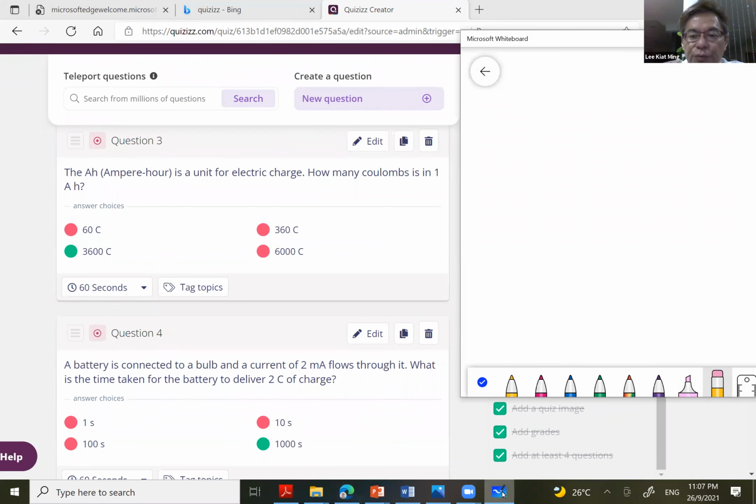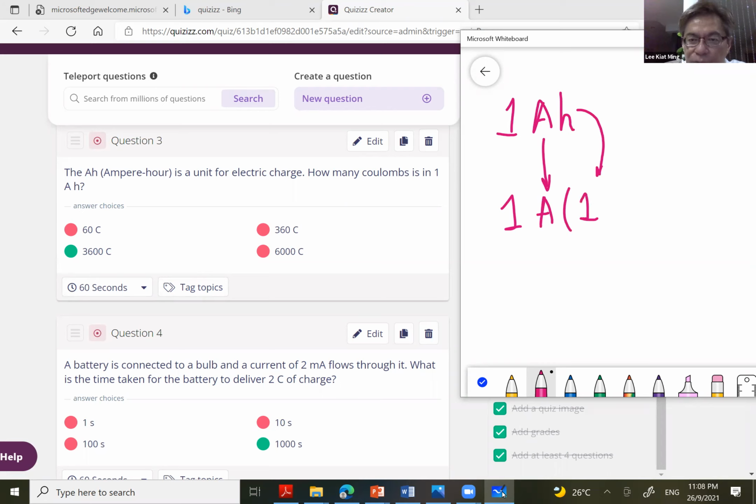So we're going to do the calculation here, because we are talking about 1 ampere hour. The physical unit for current is ampere, so we keep this. But the time is not in hours, so we change the time to seconds, because 1 ampere hour means 1 ampere times 1 hour.